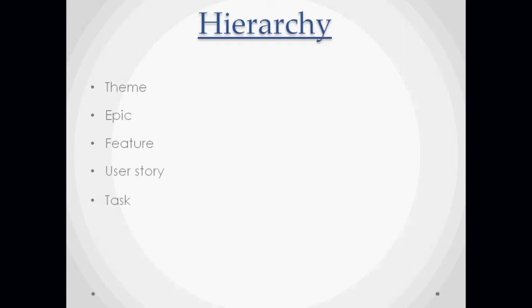So my theme here can be customer. The features are the functionalities. Then you have the user stories, because in one feature you may write multiple user stories, and in one user story the developer may have multiple tasks.